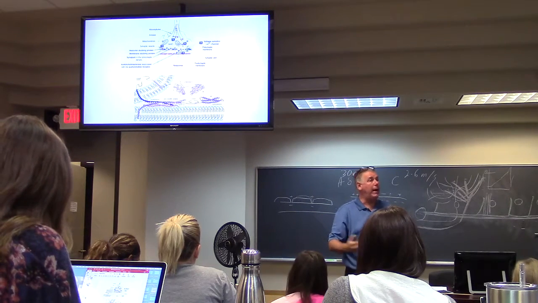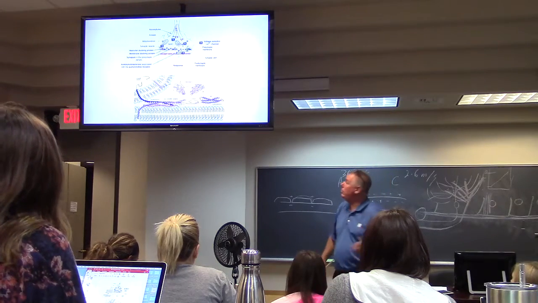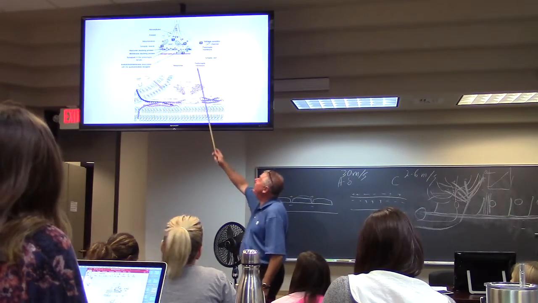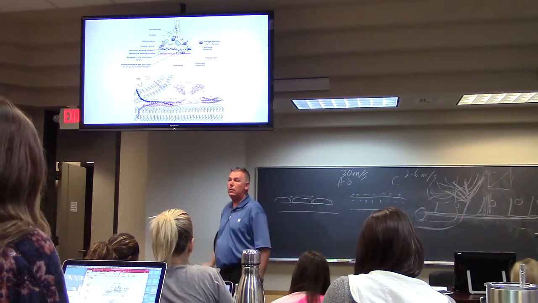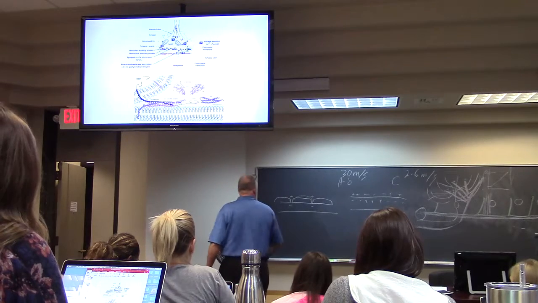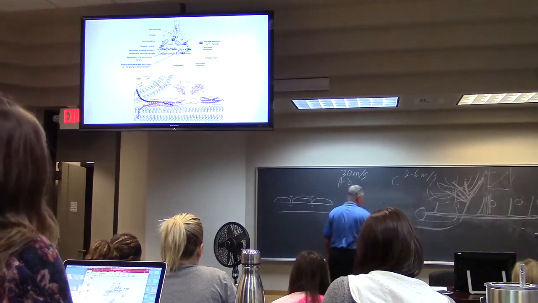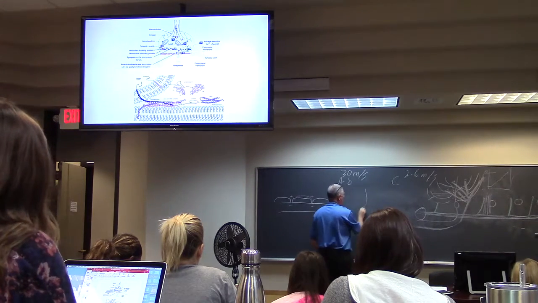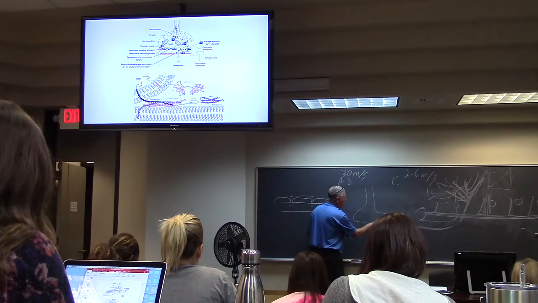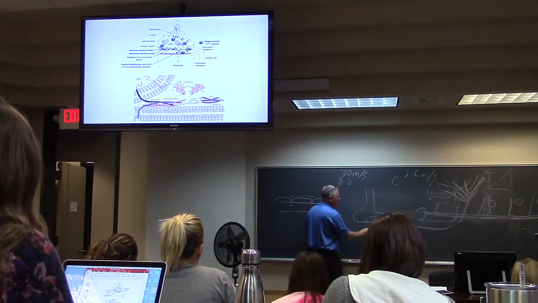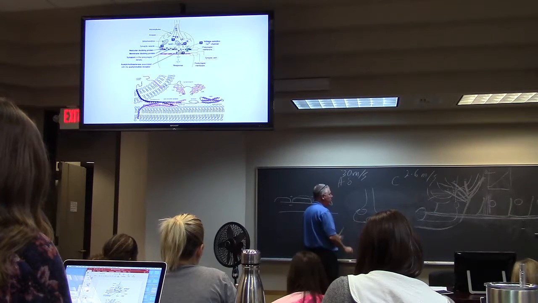You have to get membrane out of the presynaptic area. And the way you do that is by endocytosis of membrane up here. So whenever a vesicle adds membrane down here, you have to pull it in up here.